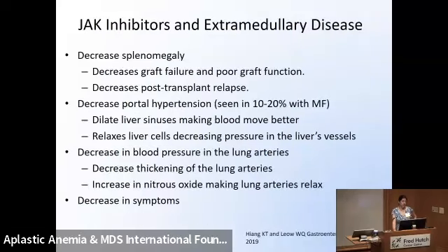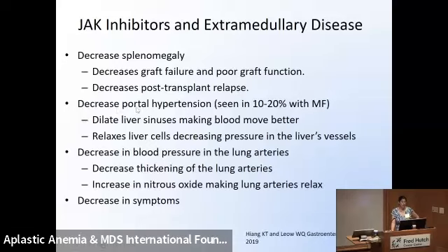So the JAK inhibitors that Dr. Halpern went through have had a profound effect on the outcomes of transplant because it affects these unique features of myelofibrosis as a disease. So she talked about how it decreases the spleen size. By decreasing the spleen size, we've been able to decrease graft failure and poor graft function, also decreasing post-transplant relapse in patients that have smaller spleens.